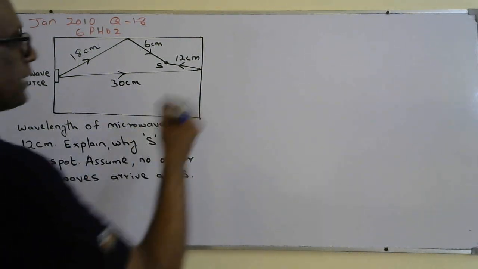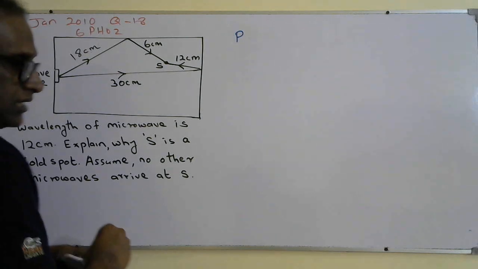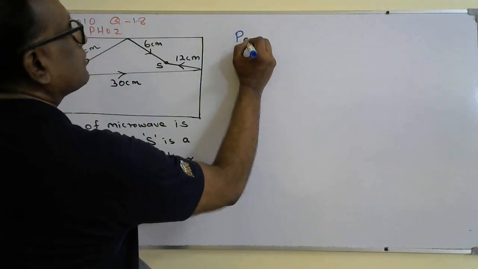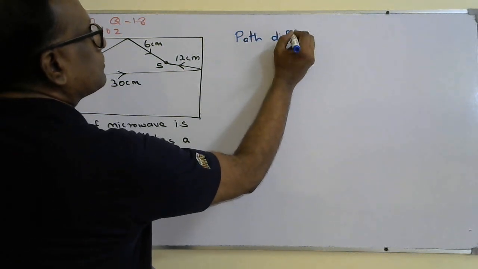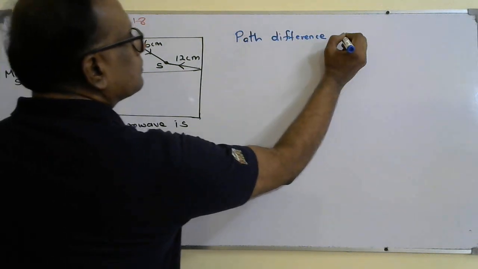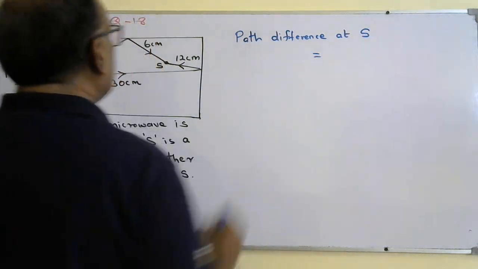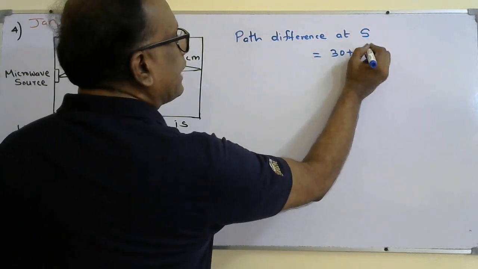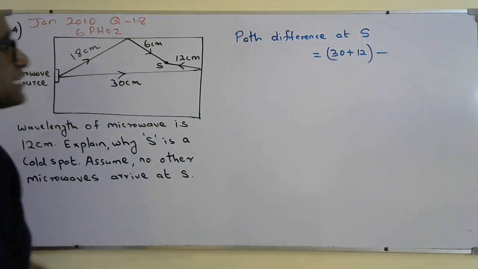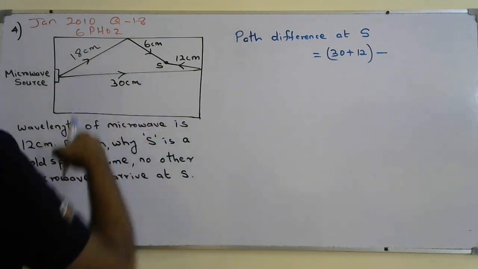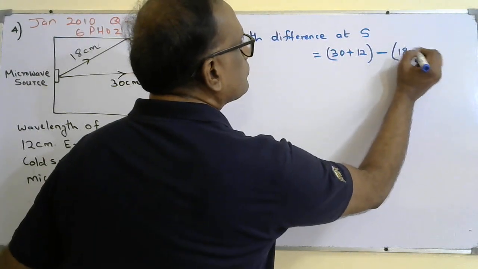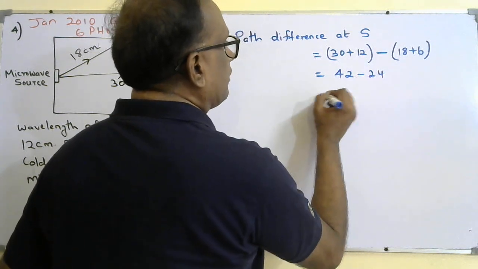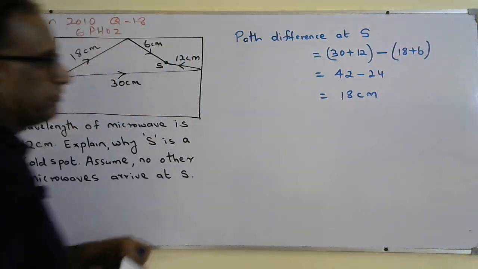So we can find the path difference at S. The longest is 30 plus 12, that is the distance traveled by one wave. The second wave is 18 plus 6. So this will be 42 minus 24, that will be 18 centimeters. So that's the path difference.